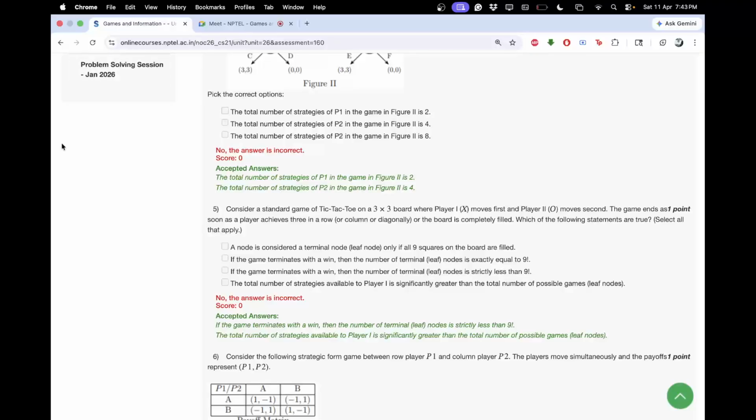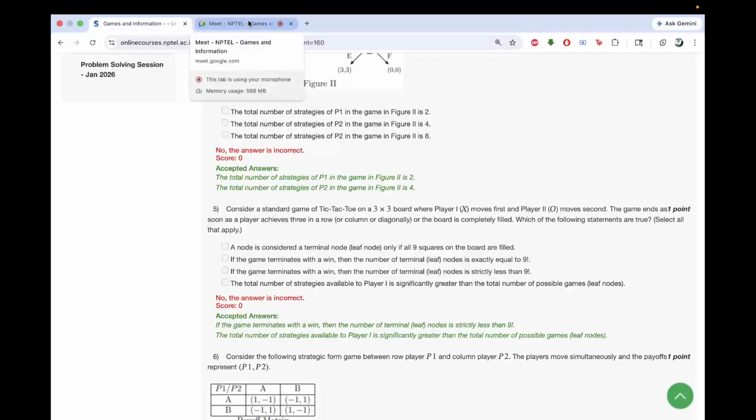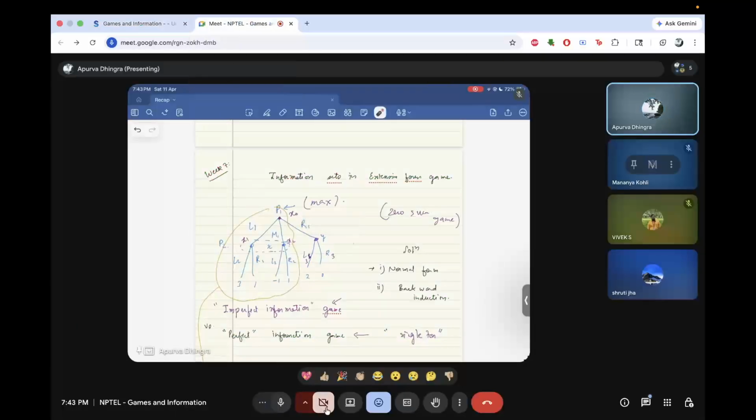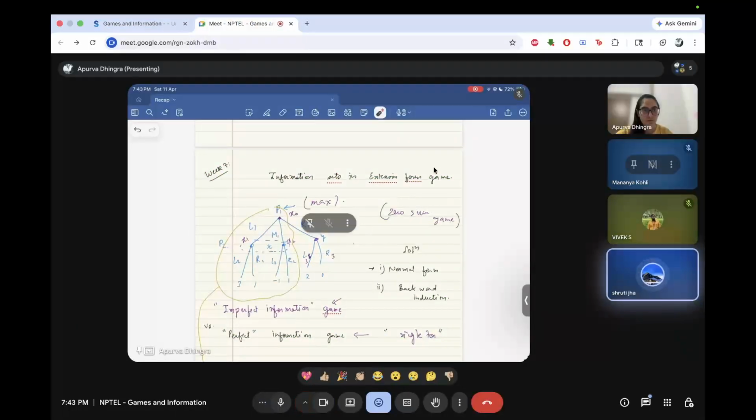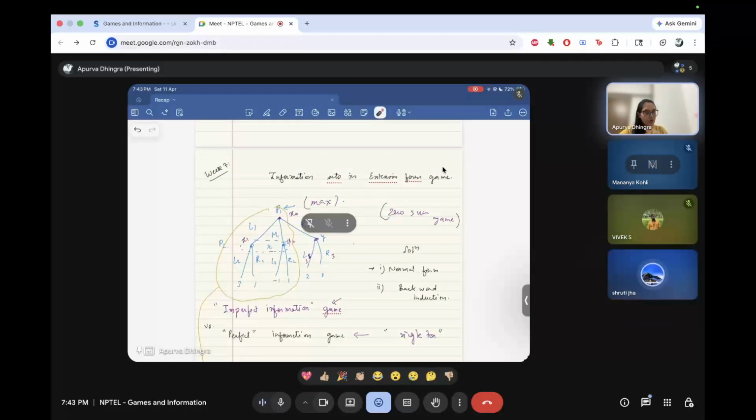Now, what is happening to the strategies of each of those players? The strategies of each player are related to how many paths there are, considering all of those possibilities.